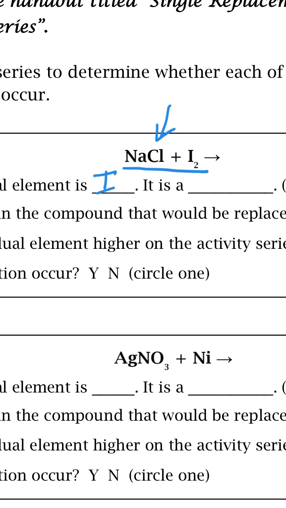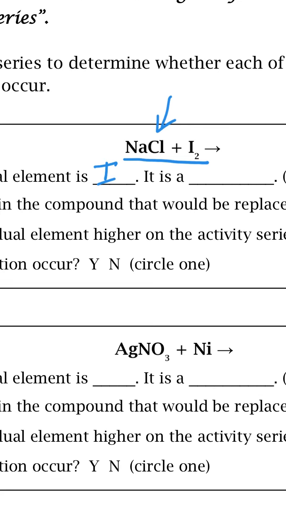Now I'm going to look at them on the activity series. Is the individual element higher or lower on the activity series? It's lower, right? So it's not higher, so no. Will the reaction occur? No. So we're just going to circle that or box it, whatever you'd like to do.